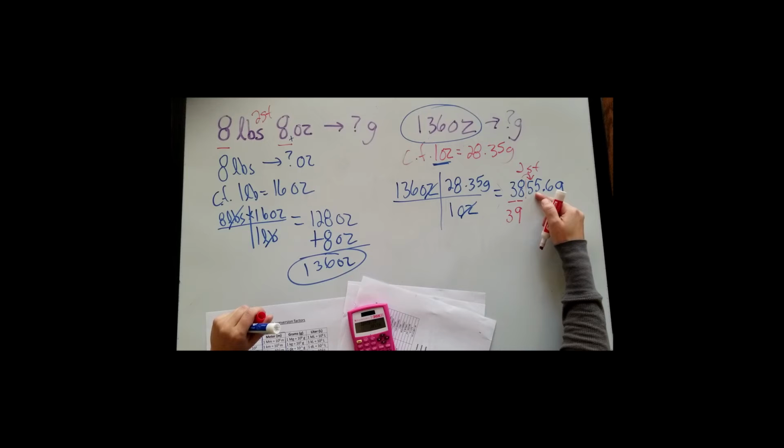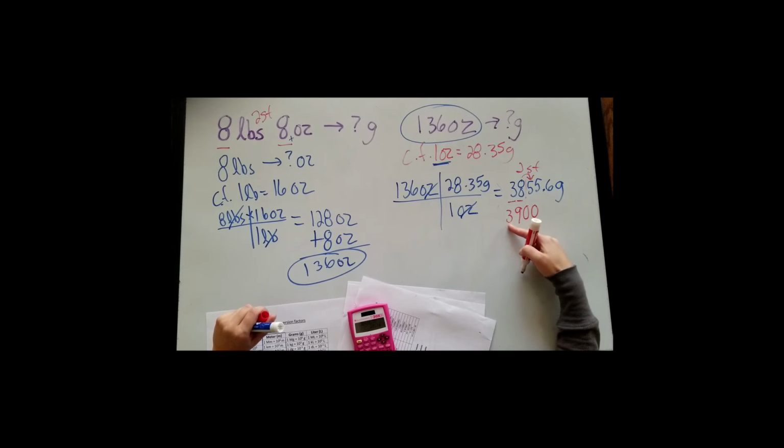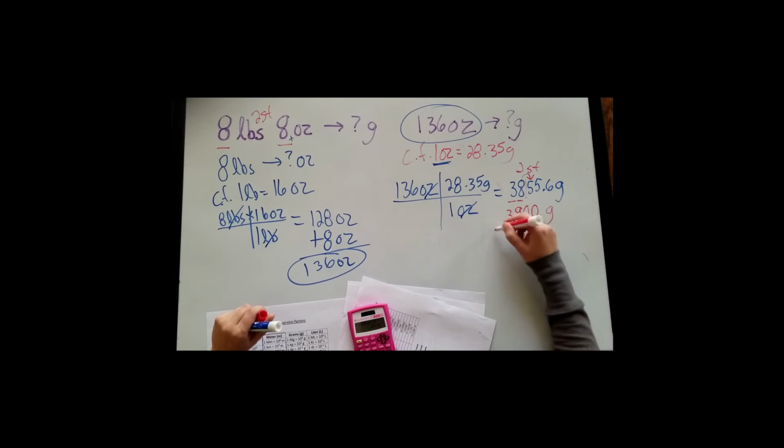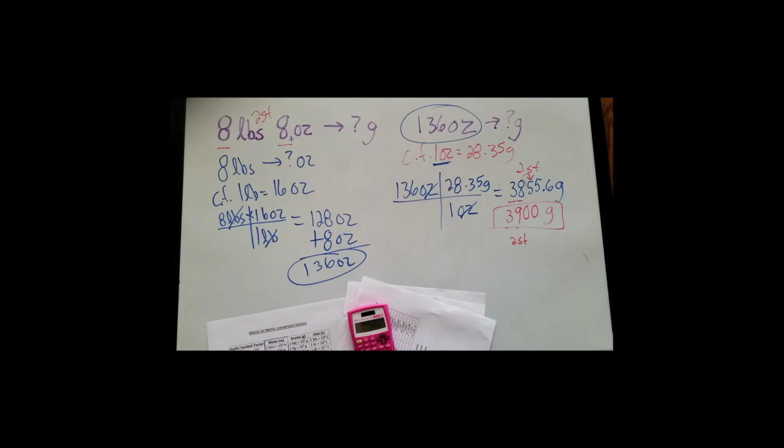But I need the placeholders to not be significant digits, so I'm going to place zeros there. So I went from 3,855 to 3,900. I'm sticking with my 2 significant figures, but I'm also staying at the same magnitude in the 3,000 range. So this would be the correct answer to the correct number of significant figures.